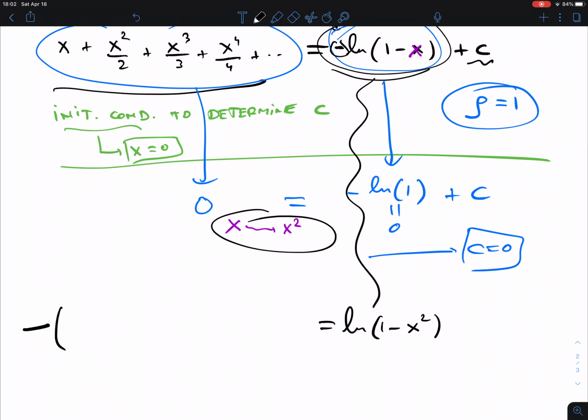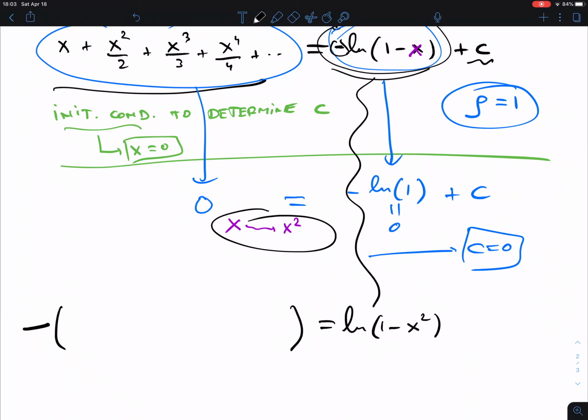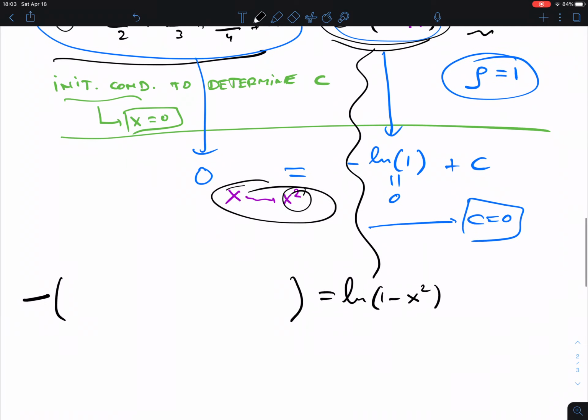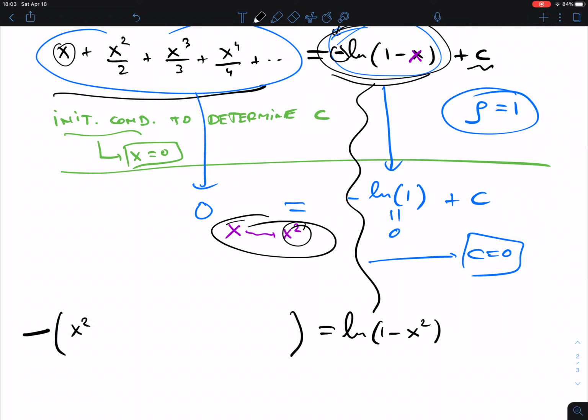But I not only have to change the sign here, I also have to change this x into an x squared everywhere. So in the first term, this becomes x squared. In the next term, x to the fourth over 2. Remember, what's the next one? x to the fifth or x to the sixth? You multiply exponents, it's x squared to the power 3, so x to the sixth, plus x to the 8th over 4, plus dot dot dot.